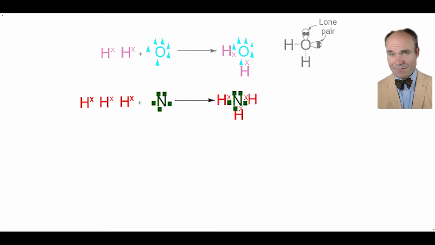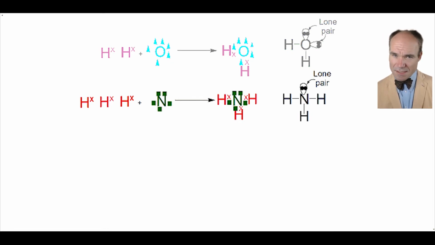And yet, there are 2 nitrogen valence electrons so far unaccounted for. These are left as they are and constitute a lone pair. We will also record this in a Kekulé form. Notice we're still drawing the lone pair as 2 dots next to each other. And the molecule is called ammonia.